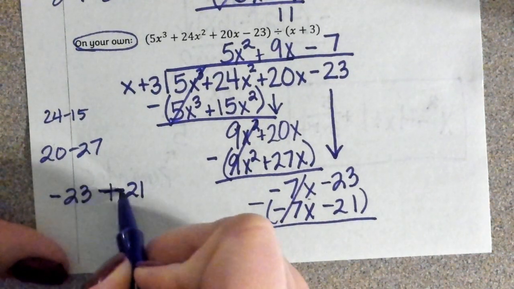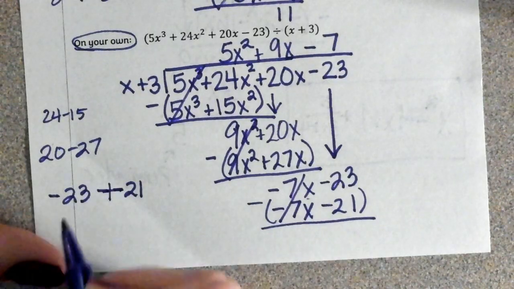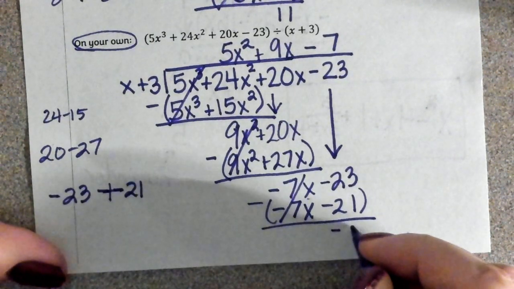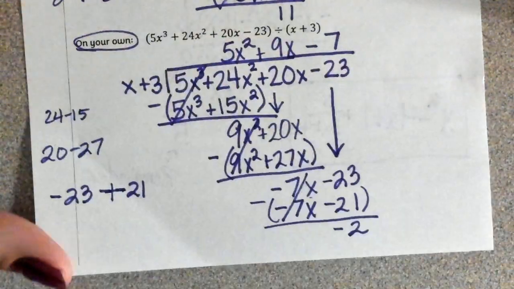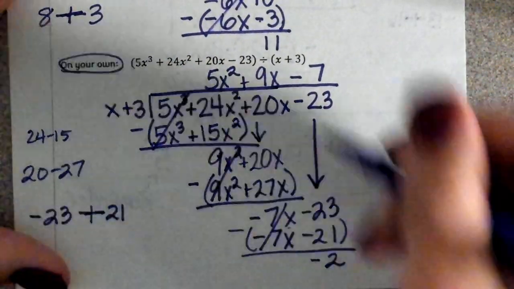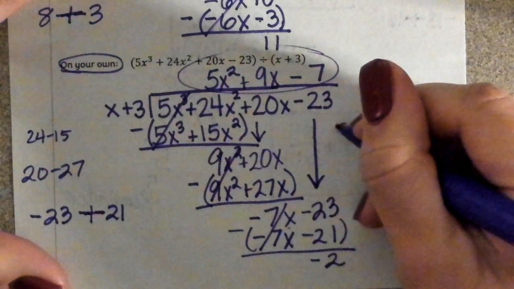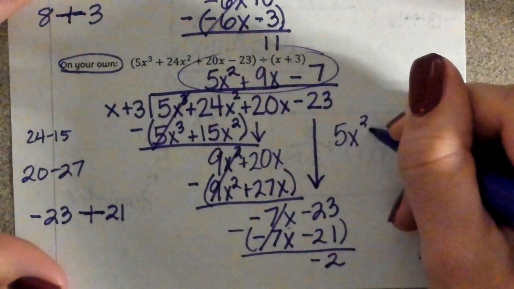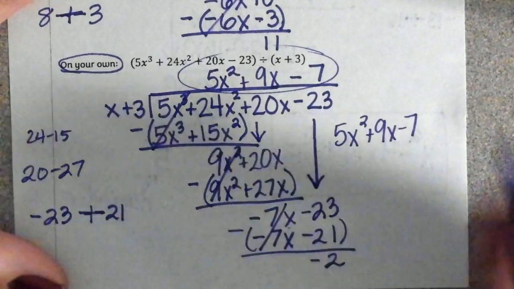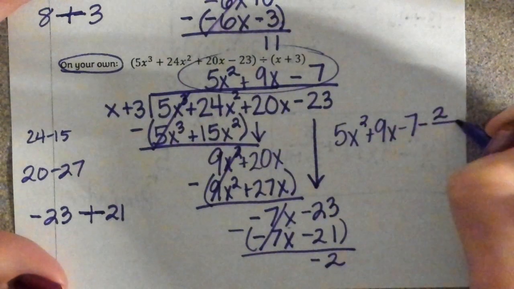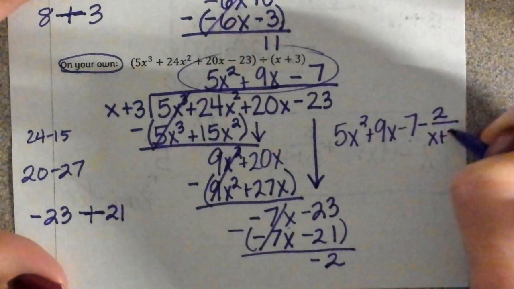Minus negative turns to plus. So that's negative 2. Remainder is negative 2. Nothing else to bring down, so we write our answer. This is most of our answer, 5x squared plus 9x minus 7. And we also have a remainder, so we put minus 2 over x plus 3.